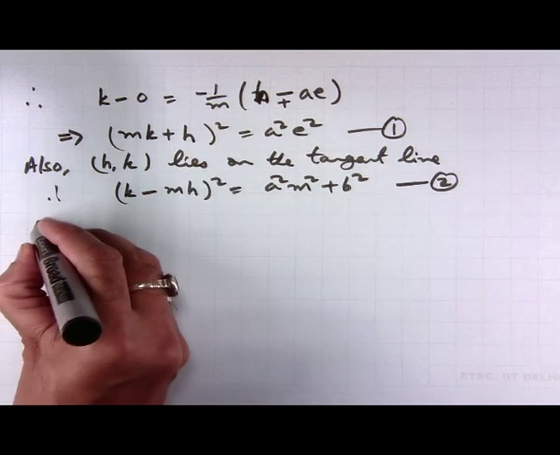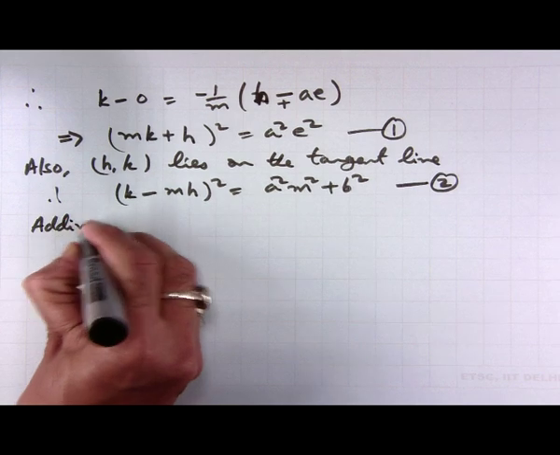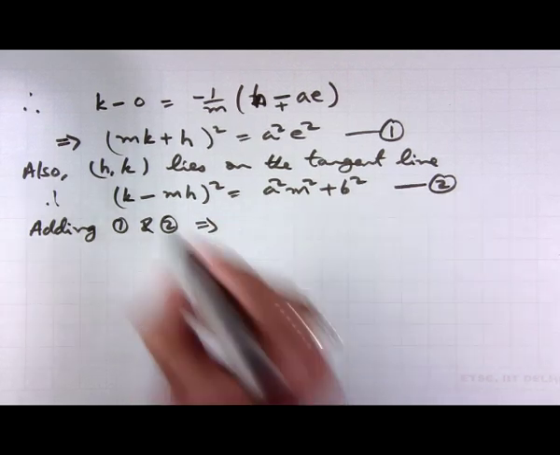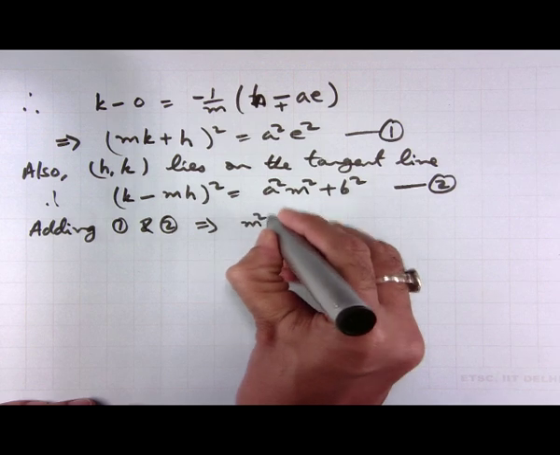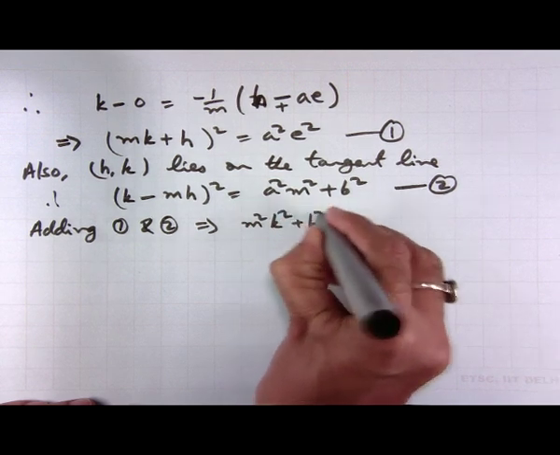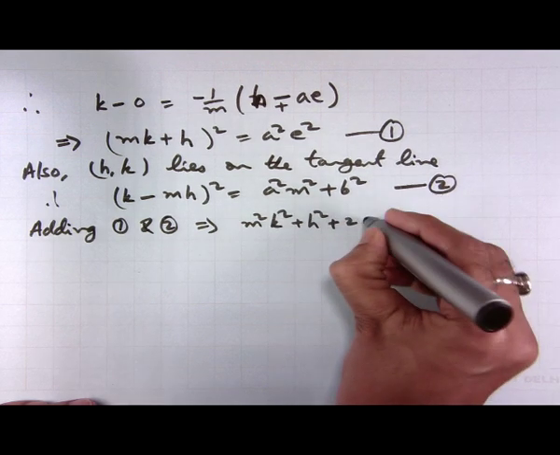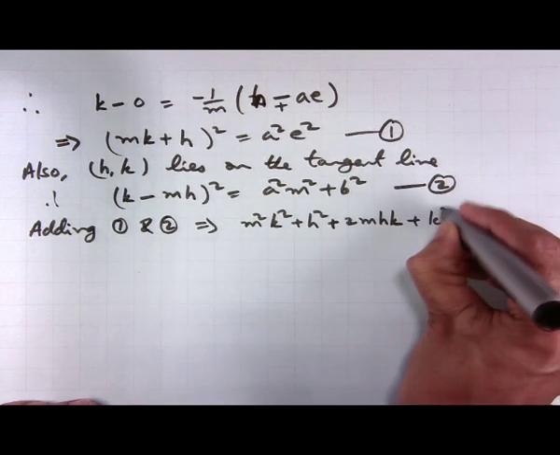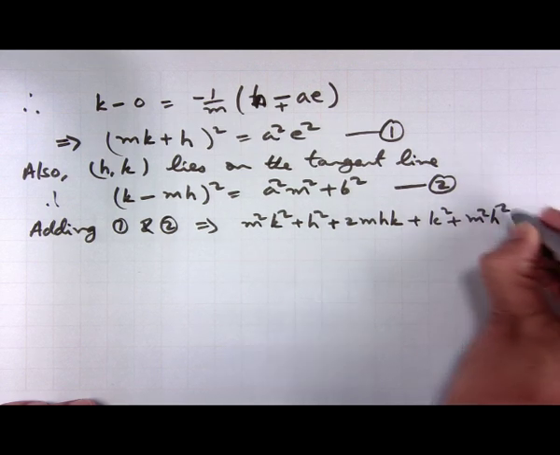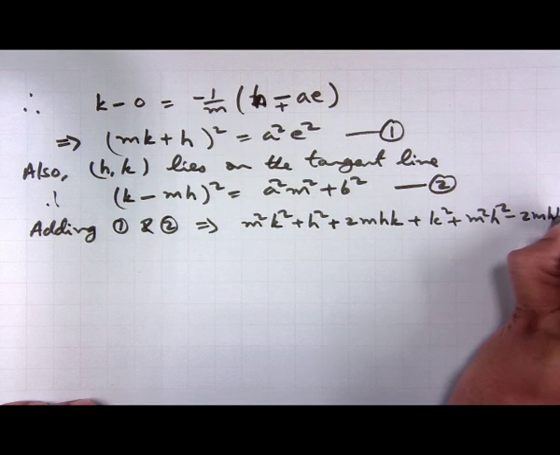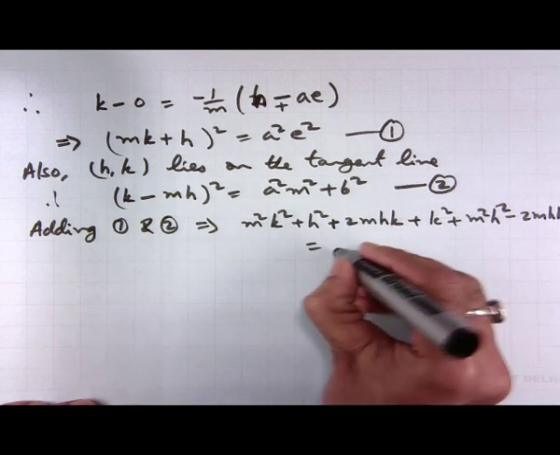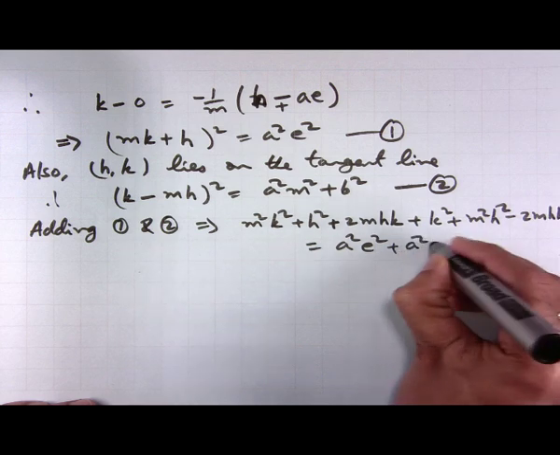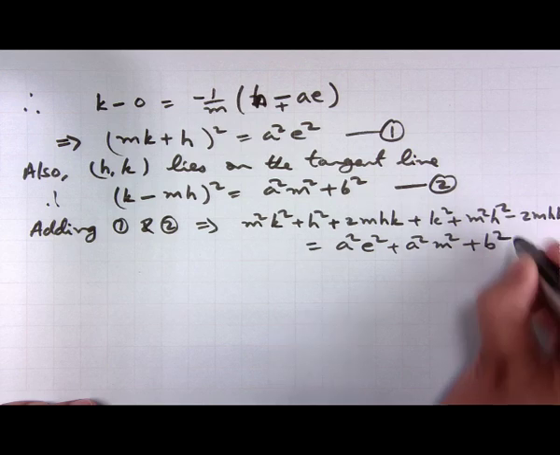If we add 1 and 2, then we get m square k square plus h square plus 2 m h k plus k square plus m square h square minus 2 m h k equal to a square e square plus a square m square plus b square.